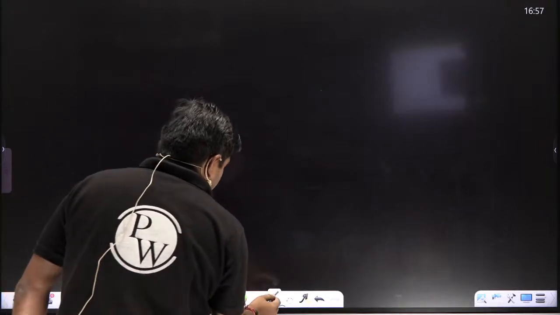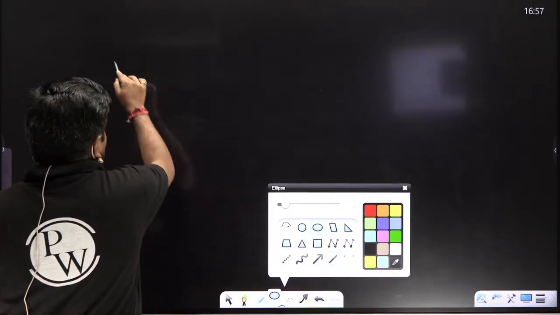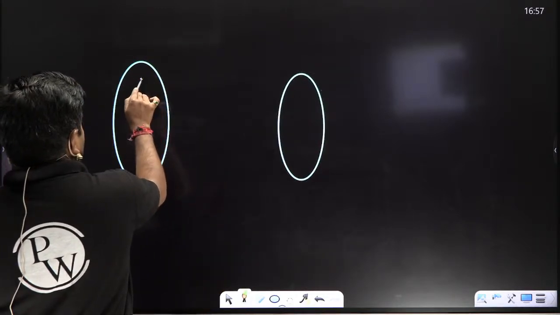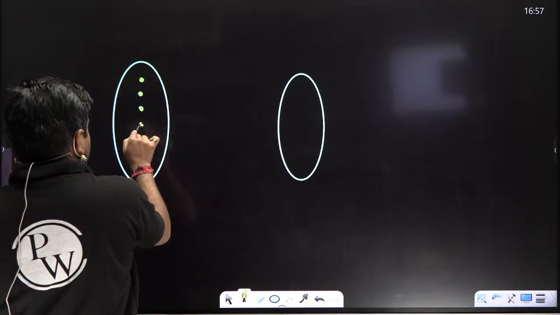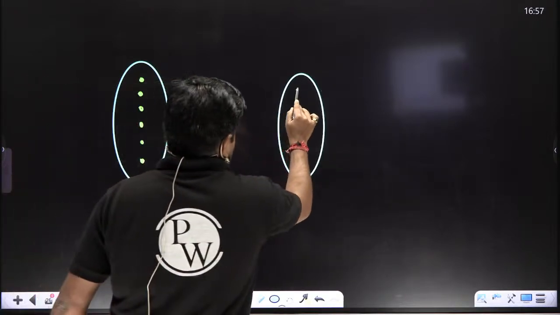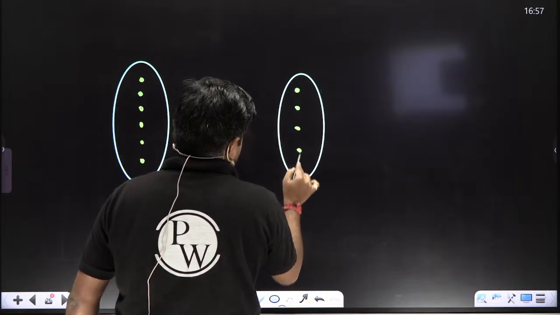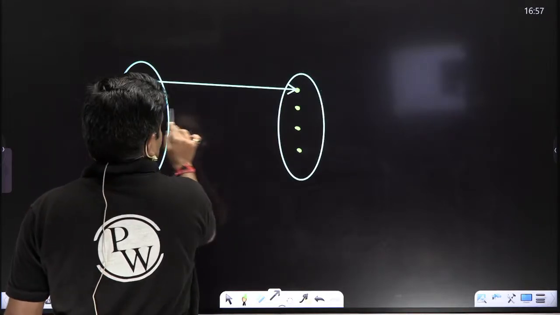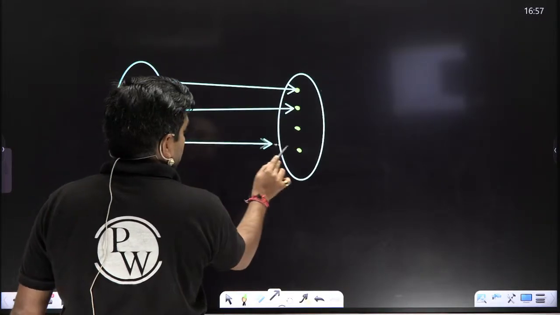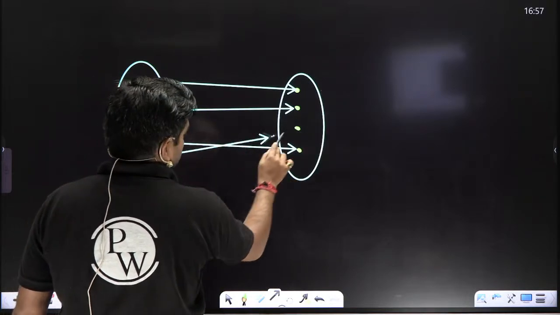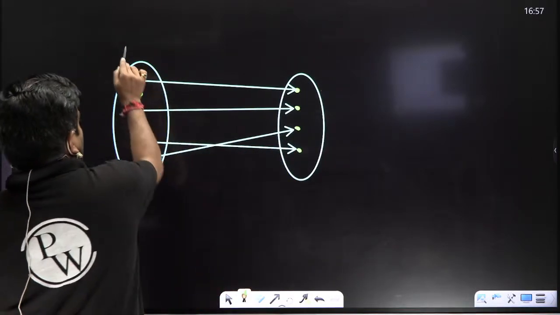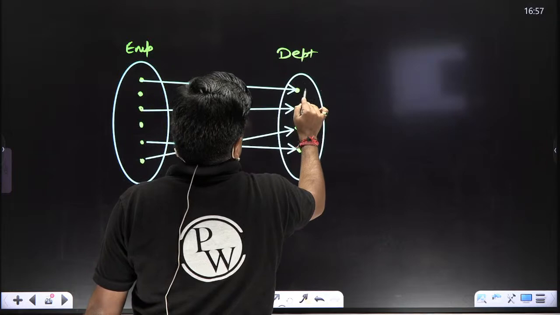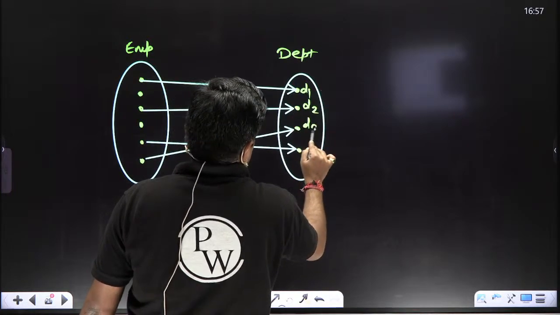For example, assume this is the employee, this is the department, Department 1, 3, 4.